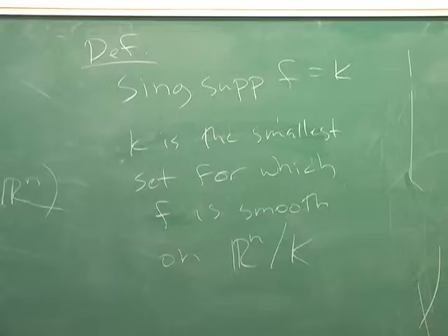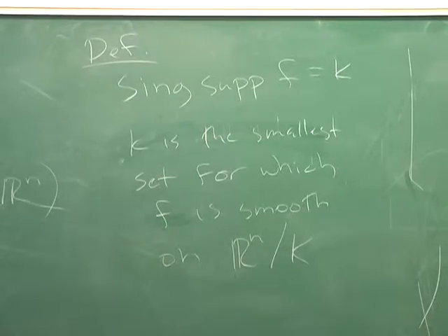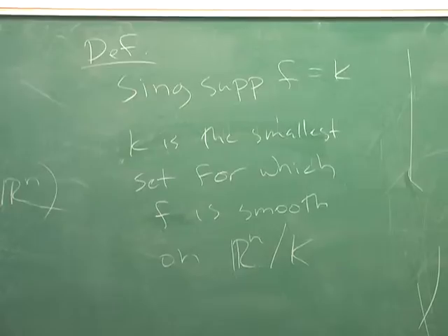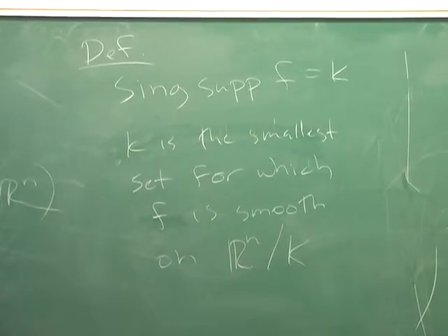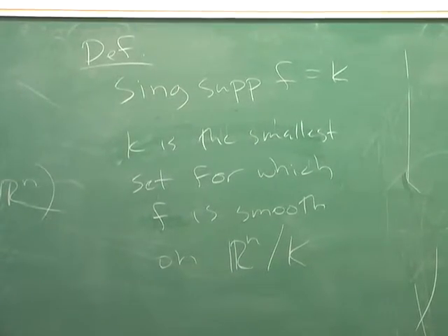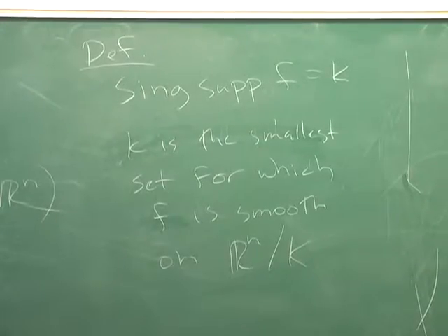Well, what if you have two such points? Let's say you have a singularity at 0 and a singularity at some other point, of the same size. Then what is the singular support? It would be the set of those two points, I think. They say it's the smallest set for which this is smooth. Okay. So if it's one point, you're basically removing the singularity. Yeah.